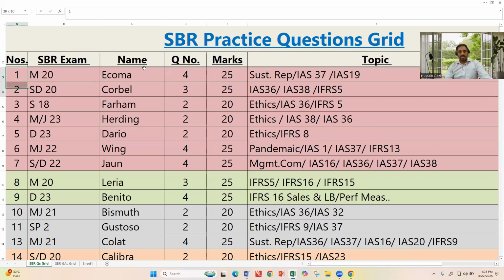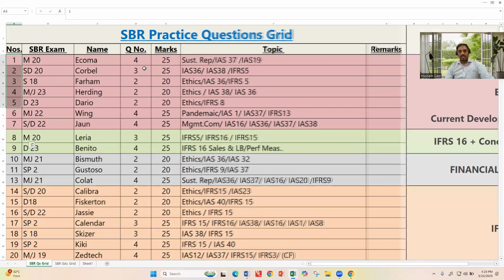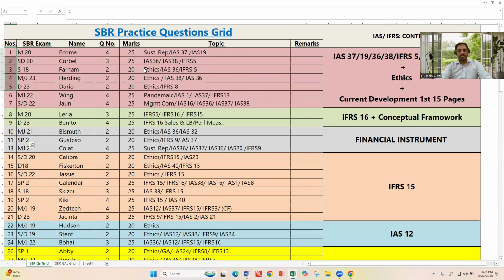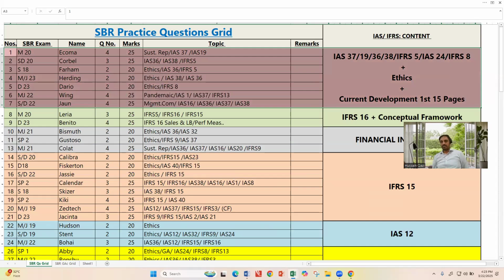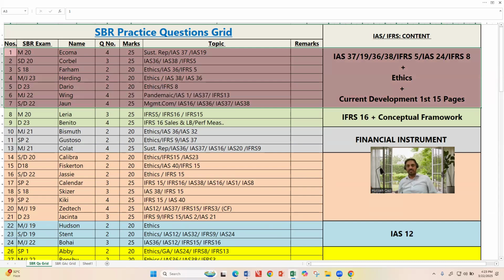As you know, the grid is based on these accounting standards. Whatever targets I am assigning you, we need to explore more and more questions. My target is that you cover the syllabus in a manner that you simultaneously become able to attempt the exam questions.